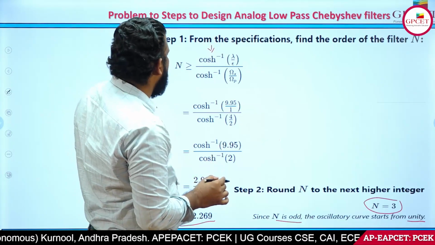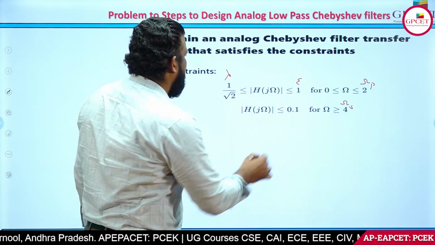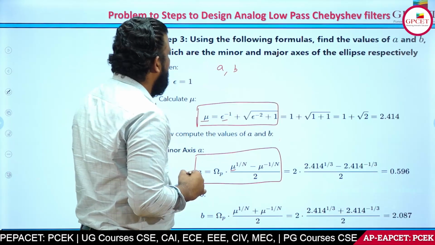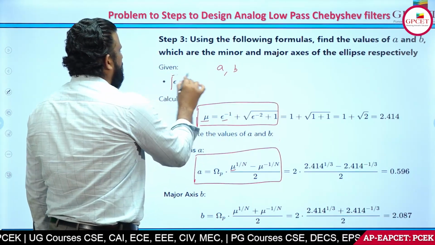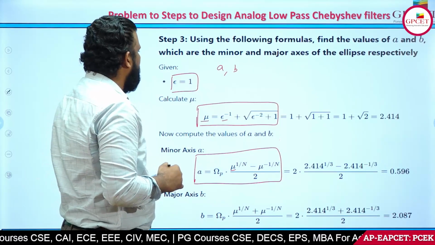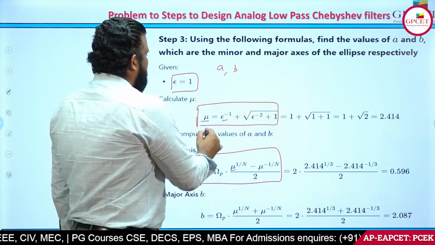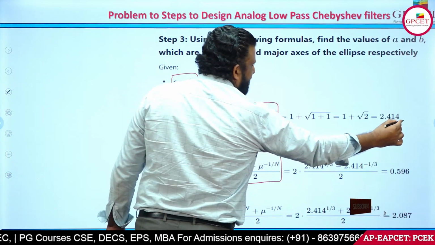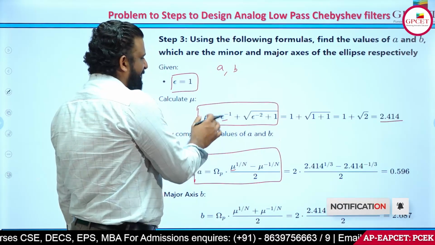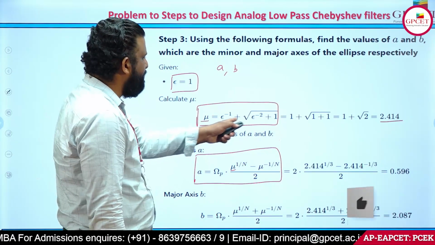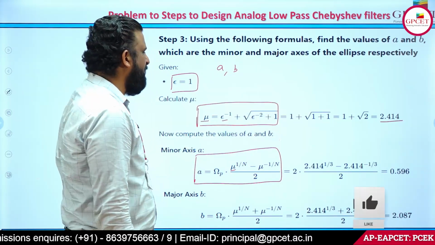Actually, sorry, it is given in the constraints that epsilon is equal to 1. Directly we can take epsilon is equal to 1. Otherwise, we have a formula to find the value of epsilon. By substituting epsilon equal to 1, we calculate the mu value and get 2.414.